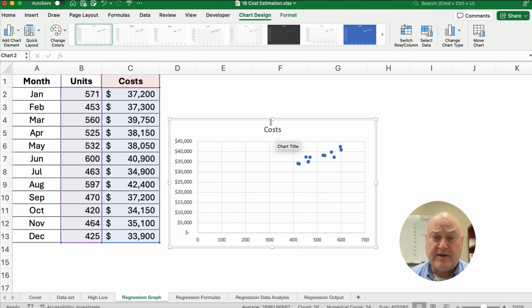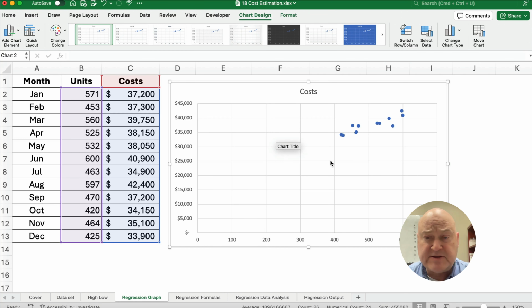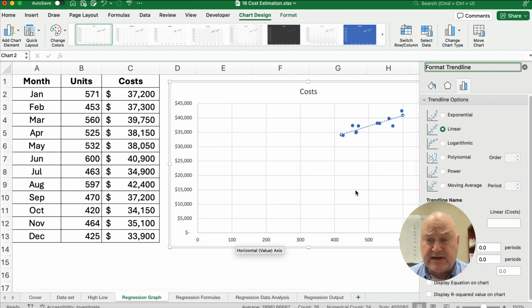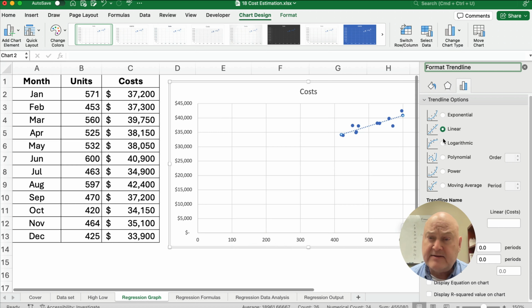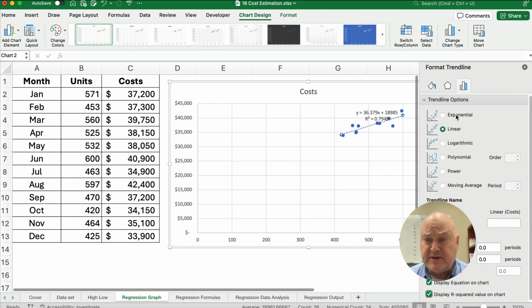The scatter plot on this one kind of guesses, and it starts at 0, and that's probably not going to be super helpful. So what we want to do is a couple of things. I'm going to right-click and add a trend line. So here's our trend line, and we'll display the equation and display the r squared. We'll get to that in just a minute.